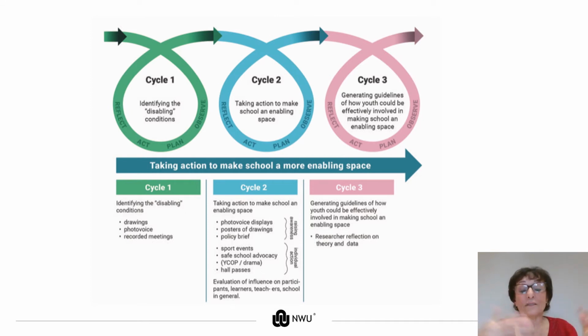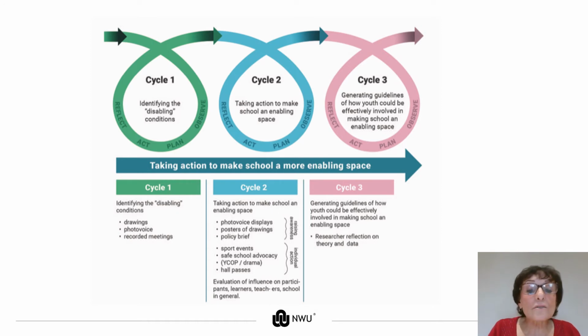They took the data from cycle one and they used that to say, we're going to do these things to raise awareness and to actually try and take action and to get others involved with us to take action. So that was the acting part. And then they reflected on that. What's happened? How has this action that we've taken changed things?